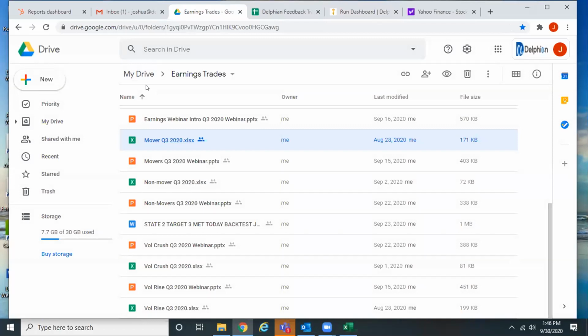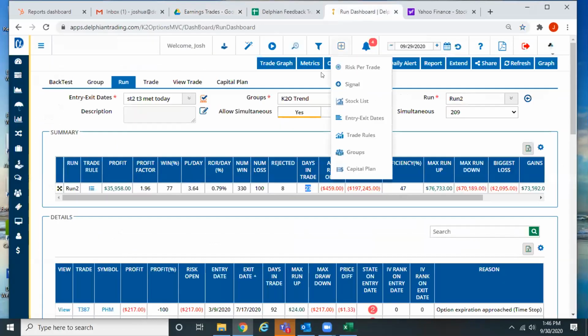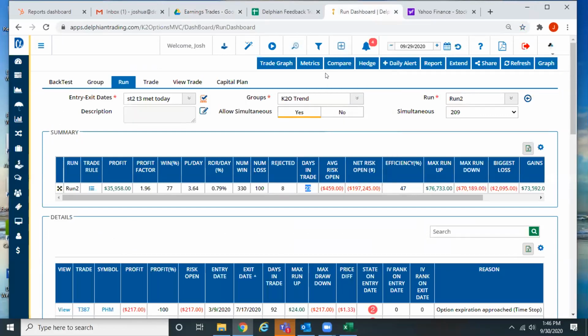The reason we're going through this is, one, it's a really good strategy. Two, this is why this system was initially built, so that you can go in and create your own strategies.